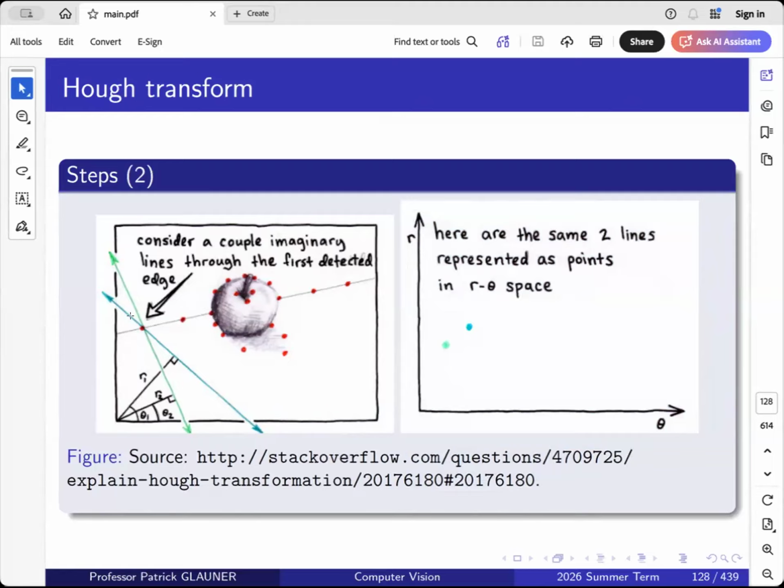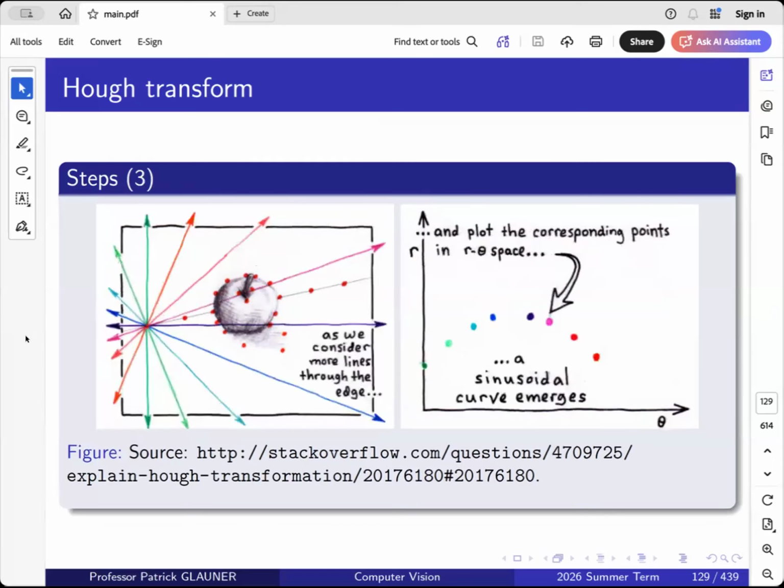For my blue line, I have the R1 and the corresponding theta, and I would put the blue line in here. For the green one, I also have an R and a theta, which I put in here. So I'm mapping the straight line to a point in R theta space.